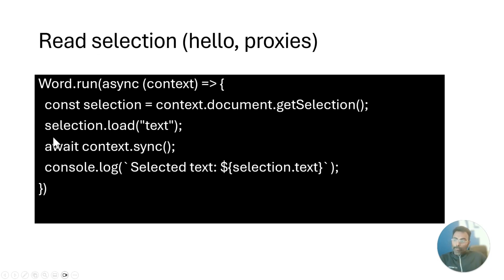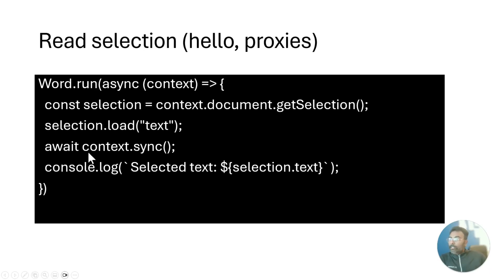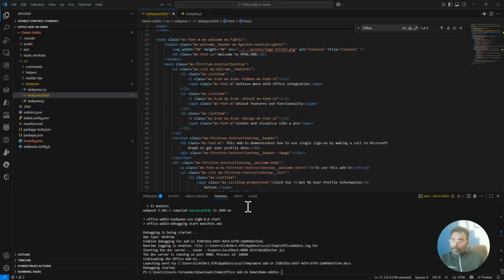The first example on the screen is word.run async. What does this do? Whenever we select a text, it should console log the text. So we are going to use the getSelection method from the document. We are going to access the context of the document, get the selection and load it. Let's see it in action.